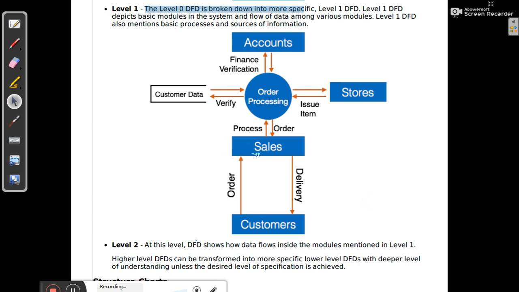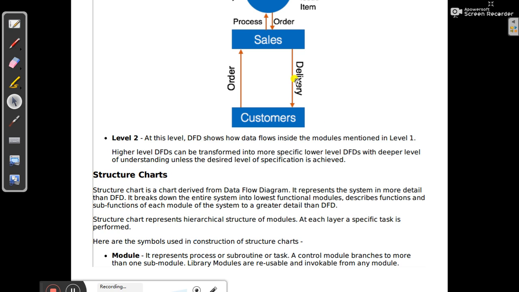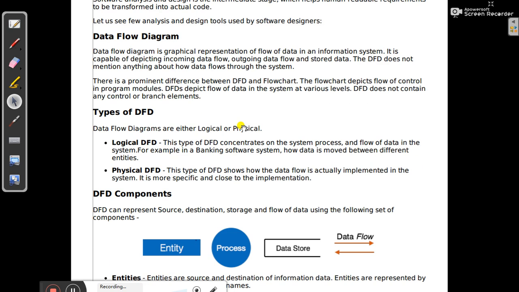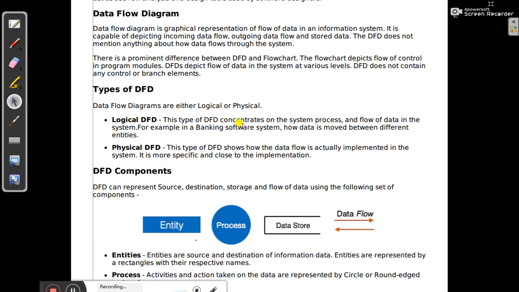So in that way we'll go from level 1, then level 2, then level 3, then level 4, and we'll go on until we get an understanding of the system, until the desired level of specification is achieved.